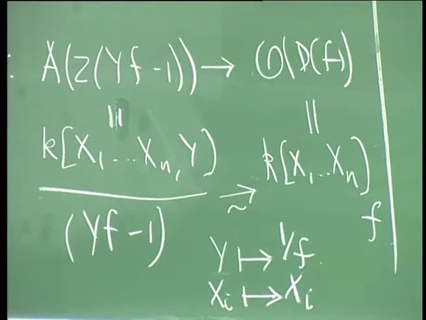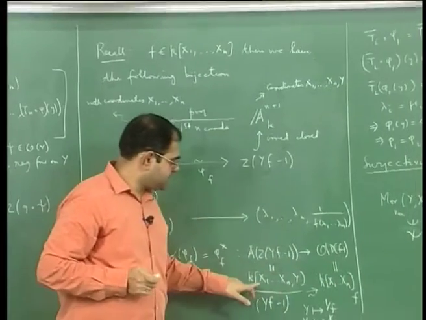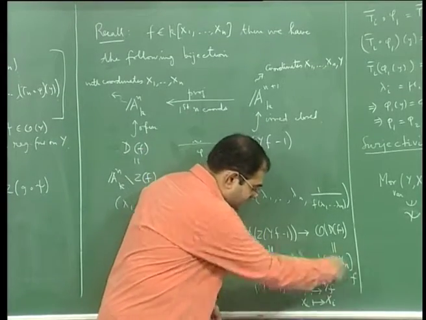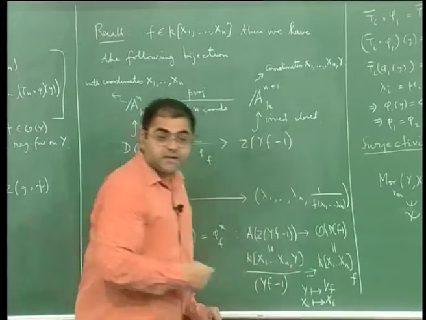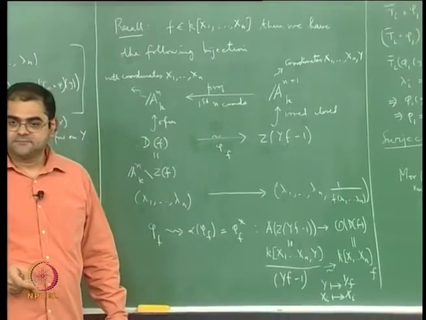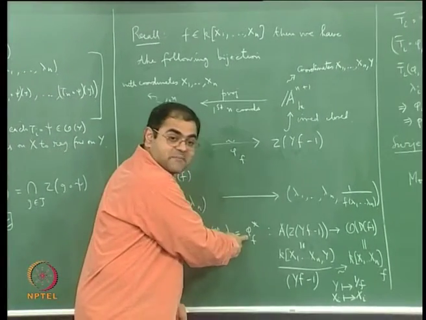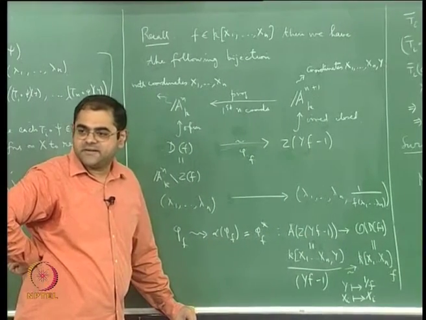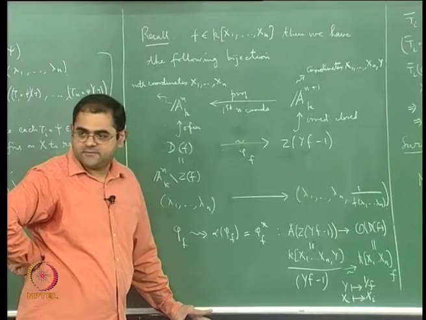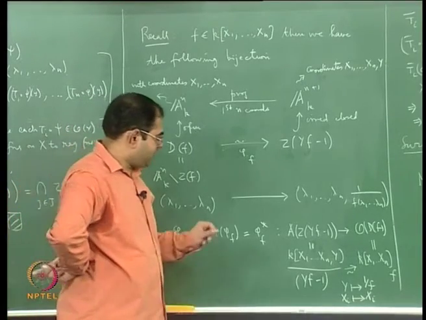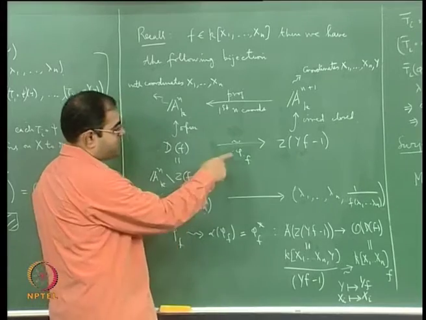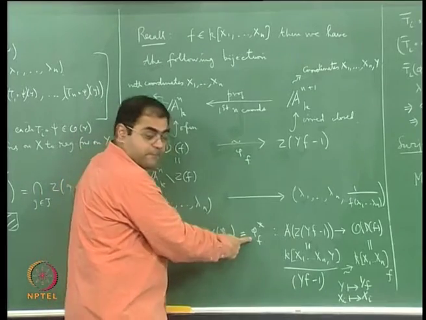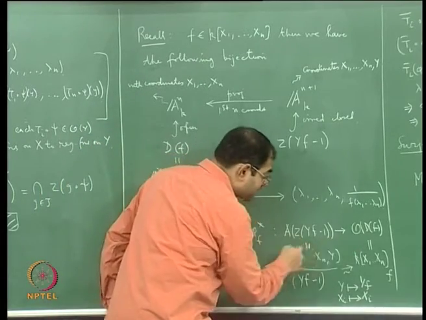This map comes from this direction because of the universal property of the polynomial ring in n+1 variables, and this map is an isomorphism because the map in this direction comes from the universal property of the localization. So you can check that this pullback map is actually this isomorphism, which is completely commutative algebraic. So what this tells you is that this map phi f, which is a bijective morphism, if you look at the pullback map, the pullback map gives you an isomorphism.